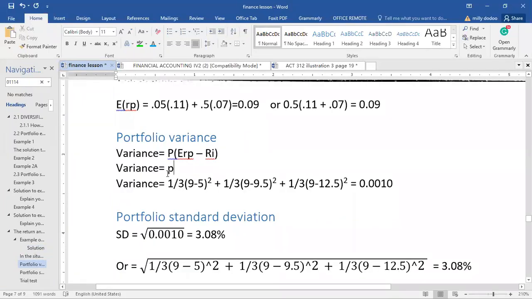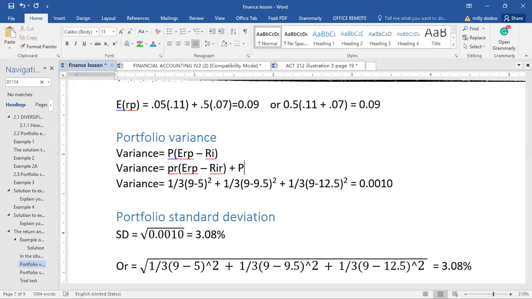So let me use probability of R, bracket open, the expected portfolio return minus the required return of recession, brackets close, plus the probability of the second section.